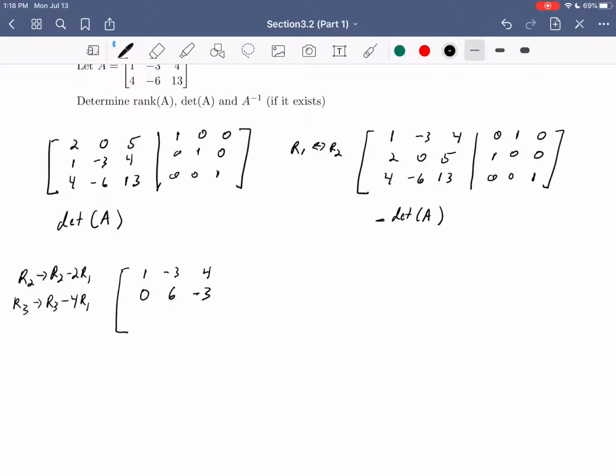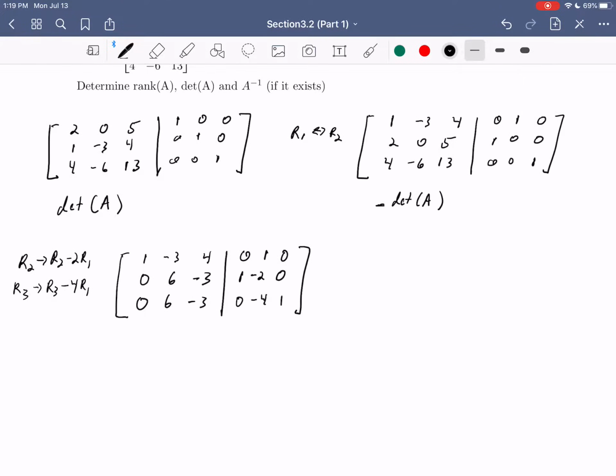Down here we have 0, then negative 6 plus 12, so 6, and 13 minus 16, so negative 3. Over here we have 0, 1, 0, then 1 minus 2, 0, and then 0 minus 4, 1. Of course, these are the third type of elementary row operation. They do not impact the determinant, so this still has the negative determinant of A.